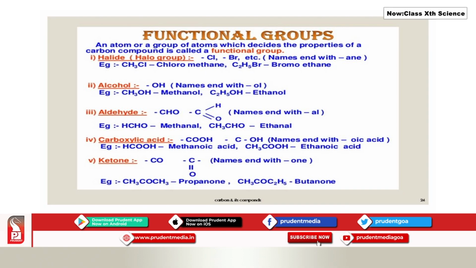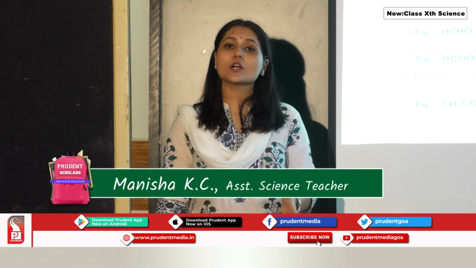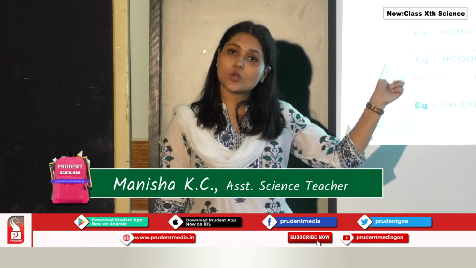Okay, so you can see over here the first example, halides. Now halides also called as halo group. Now group 17 of your periodic table, that is fluorine, chlorine, bromine, iodine, these are called as halogens. And why it is called as a halo group?